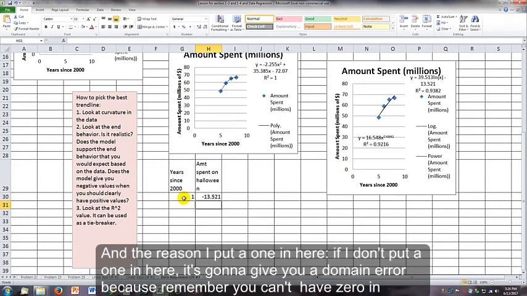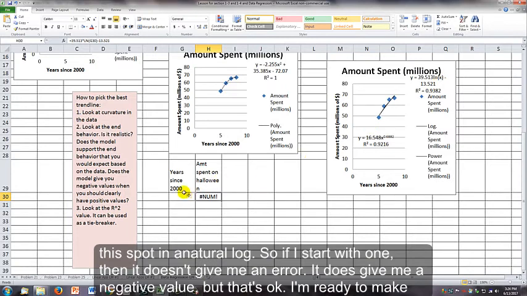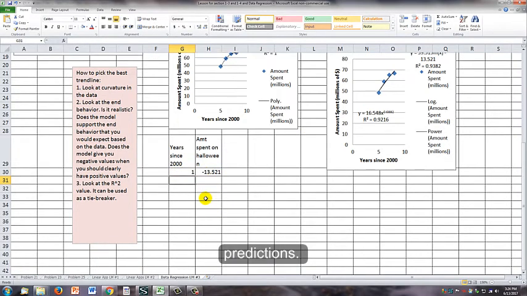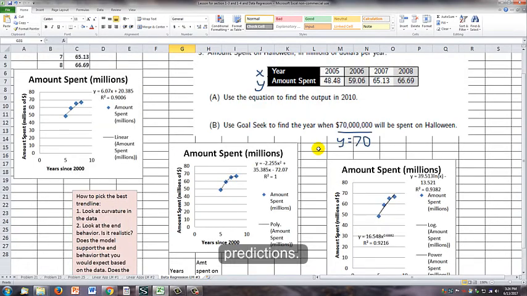And the reason I put a 1 in here, if I don't put a 1 in here, it's going to give you a domain error, because remember, you can't have 0 in this spot in a natural log. So if I start with 1, then it doesn't give me an error. It does give me a negative value, but that's okay. I'm ready to make predictions.